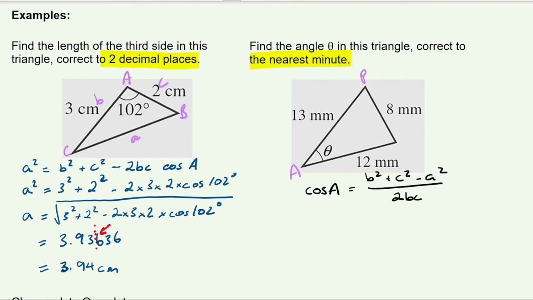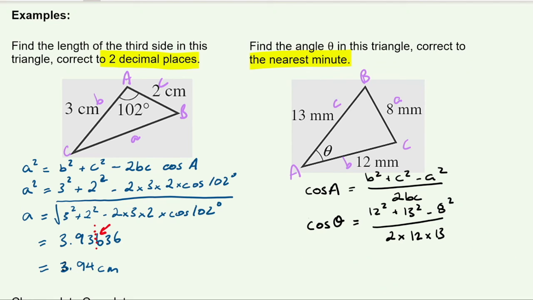Make that A, B, and C. Just makes it easier to know where you're going to be putting things. So cos of theta is going to be, which side's B? 12 squared plus 13 squared minus 8 squared all over 2 times 12 times 13.